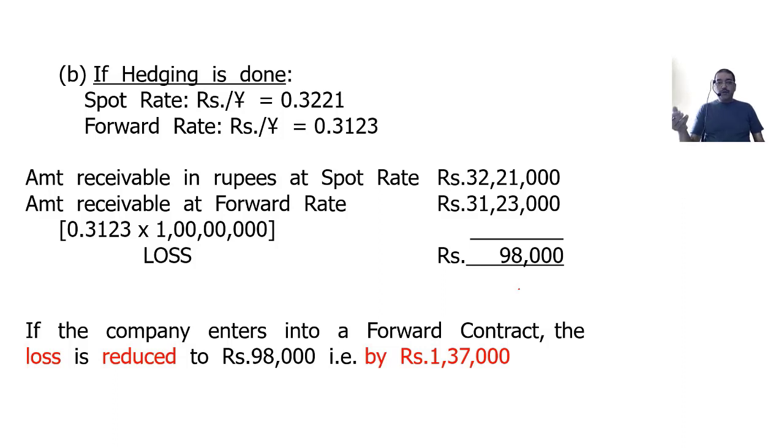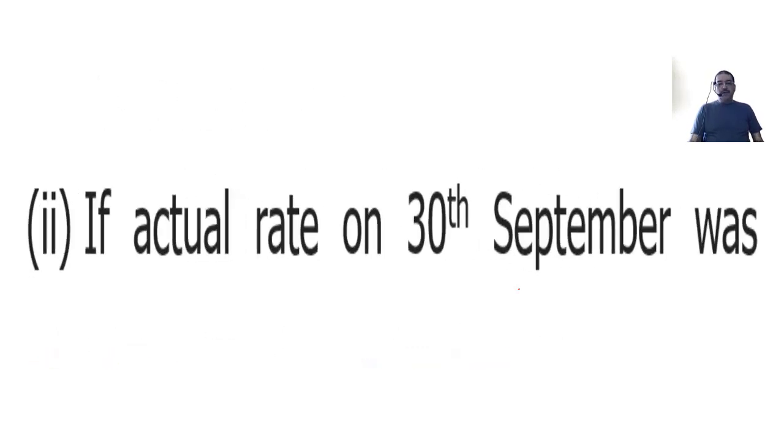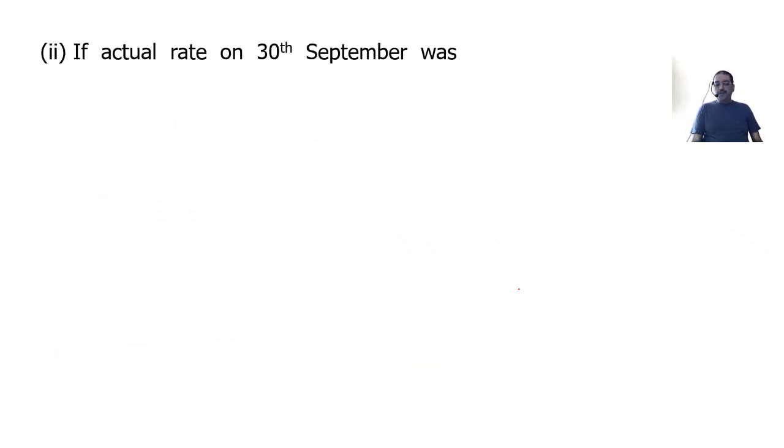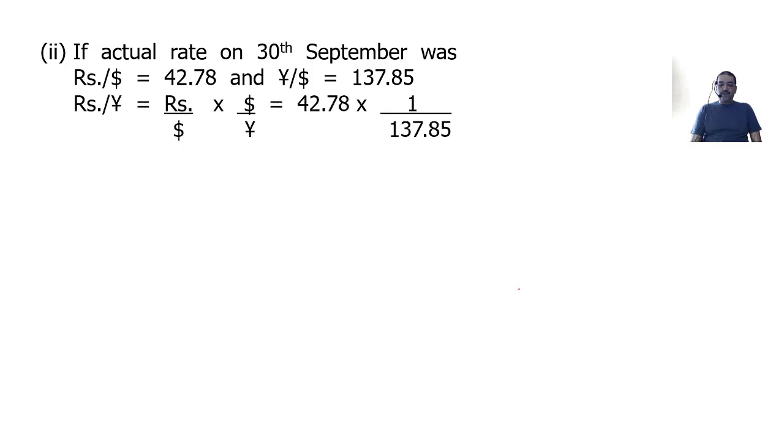Now, if the actual spot rate, that is the expected spot rate, is what they have given, then what would have happened? Okay, let us see. If the actual rate on 30th September was rupees to dollar 42.78 and yen to dollar 137.85, rupees to yen would be 42.78 into 1 upon 137.85.